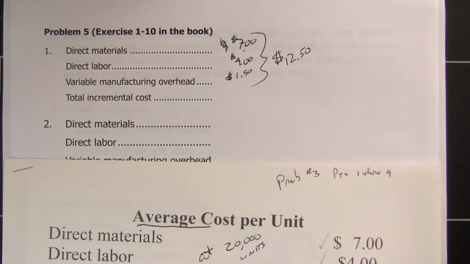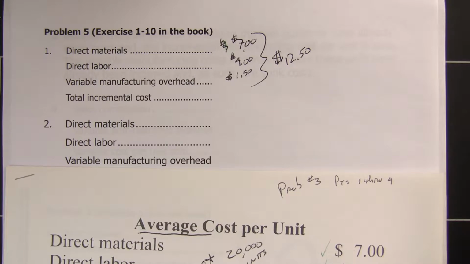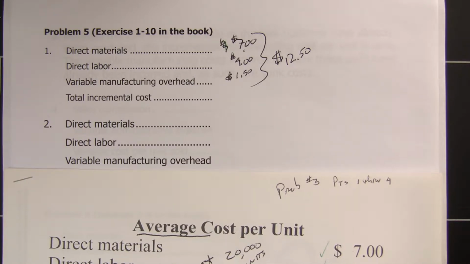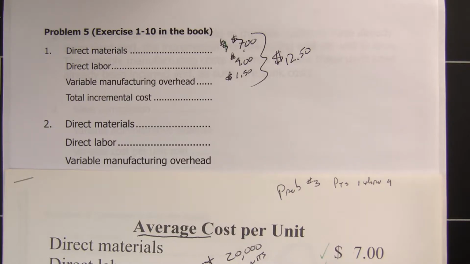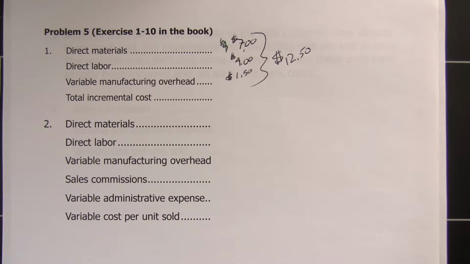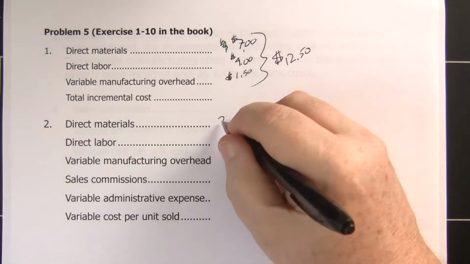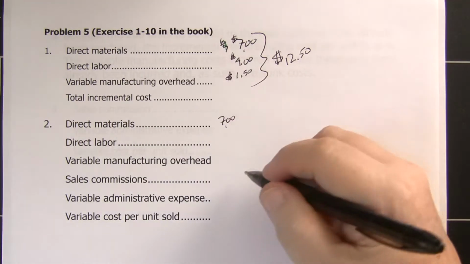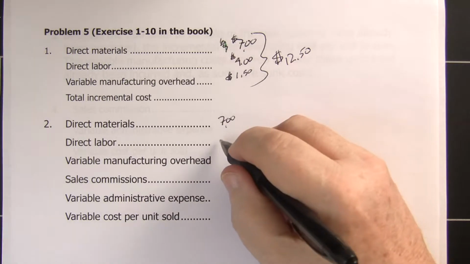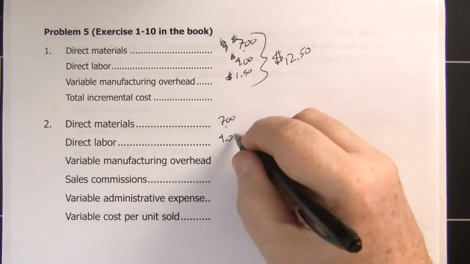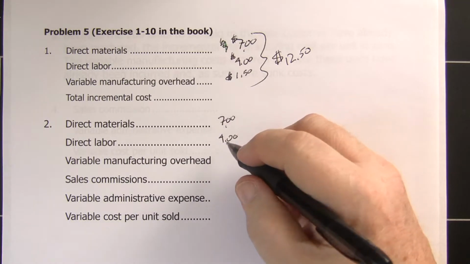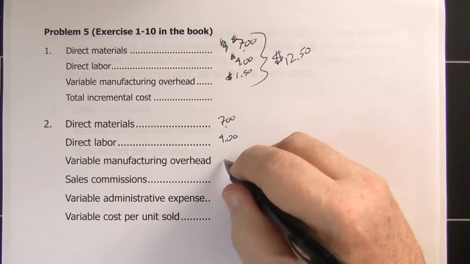Now, the next question asks, what are the incremental costs incurred if it increases production and sales? So now we have the direct materials, which are still $7. We have the direct labor, which is still $4. We have the variable overhead, which is still $1.50.